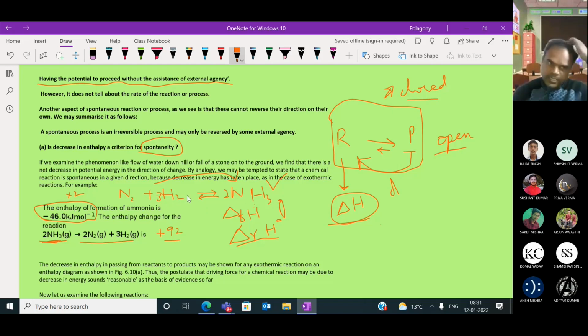That means only in closed conditions are reversible reactions possible. And in a chemical reaction, the enthalpy of the reactants decreases. Decreasing of enthalpy of the reactants is the cause for the spontaneity.